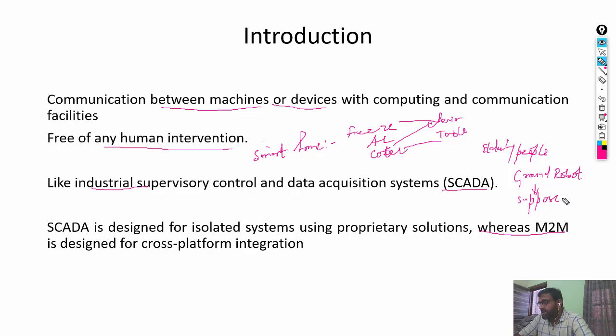In this situation, the first time, a human is involved, and the human gives the instruction to the robot. The robot reads the instruction from the human being.